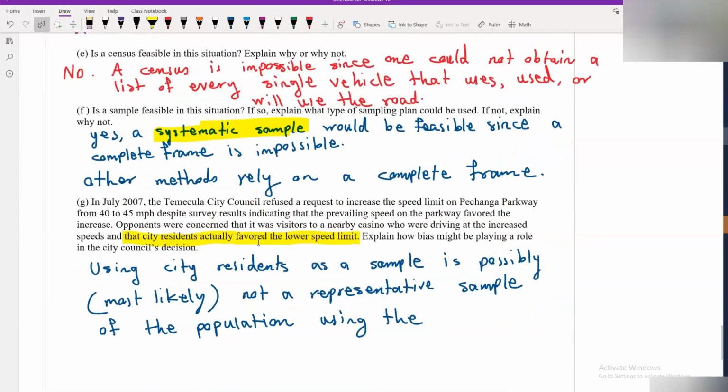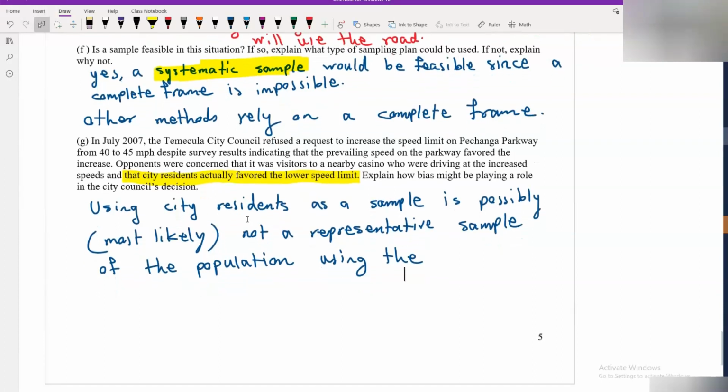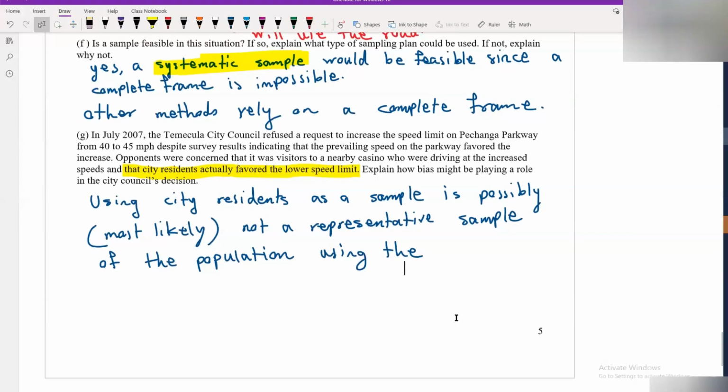What they may have done is select their sample from just part of the population. They may not have considered all the individuals in the population, meaning all the vehicles that are on the road.